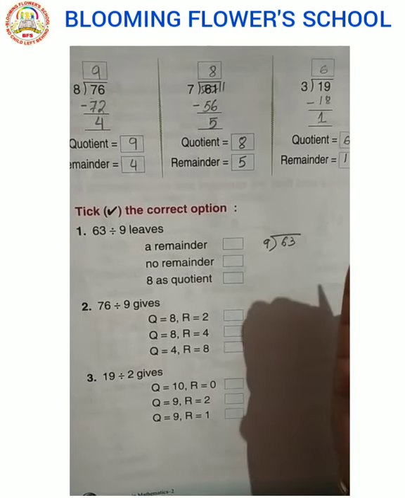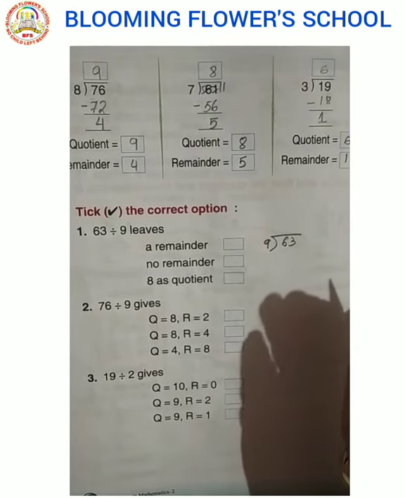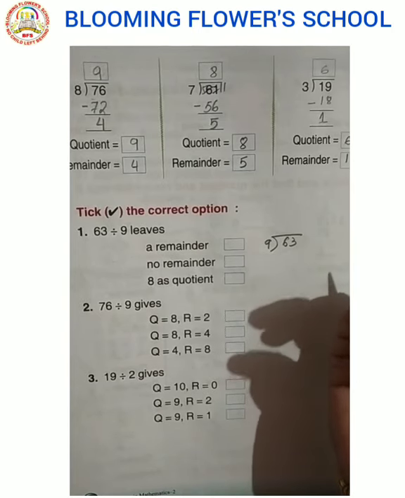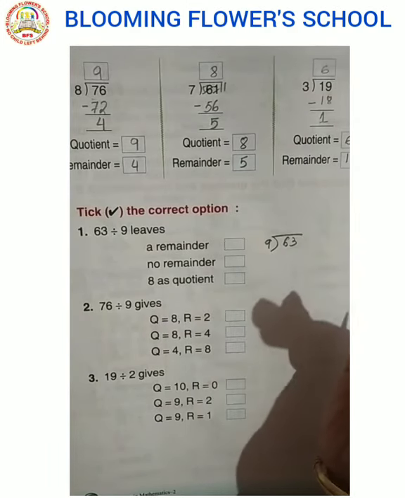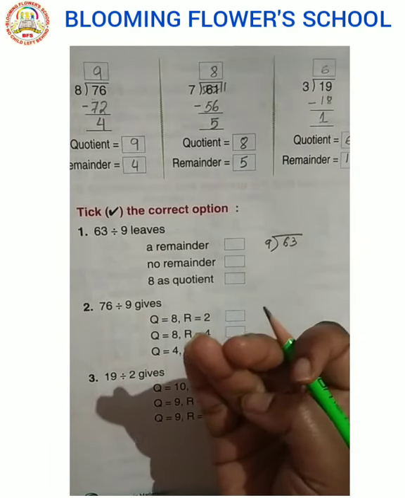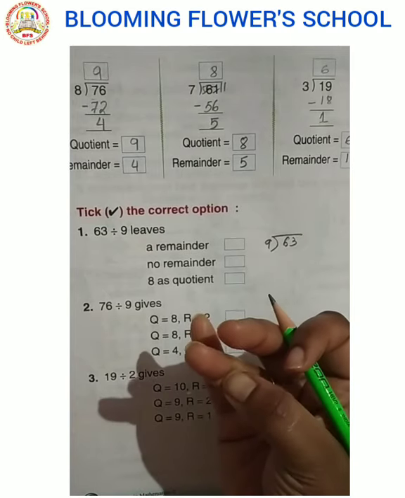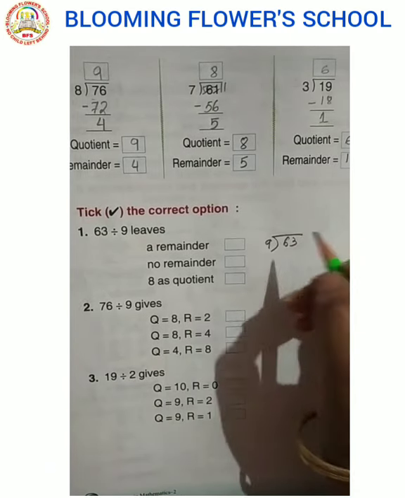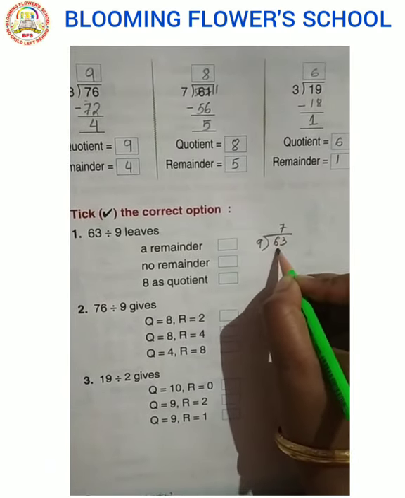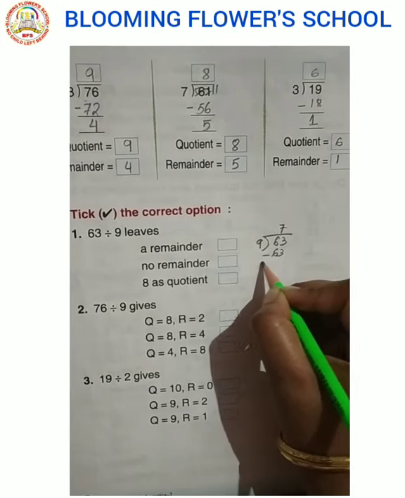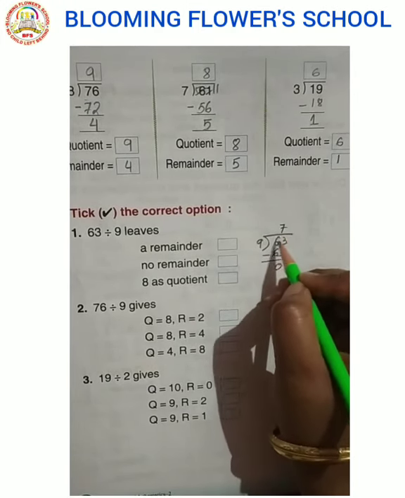So go for the 9 tables. 9 ones are 9, 9 twos are 18, 9 threes are 27, 9 fours are 36, 9 fives are 45, 9 sixes are 54, 9 sevens are 63.